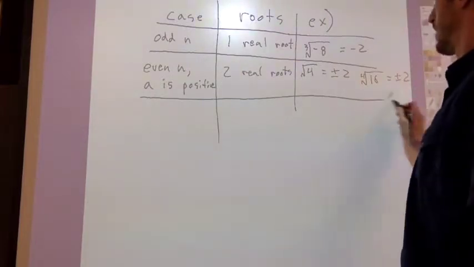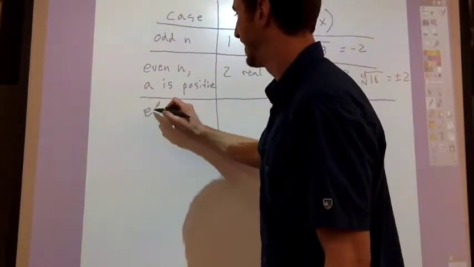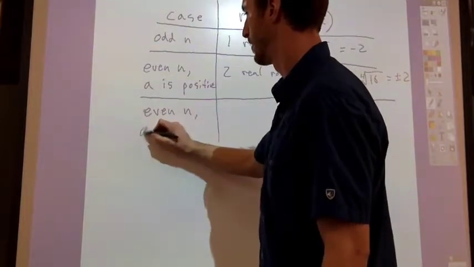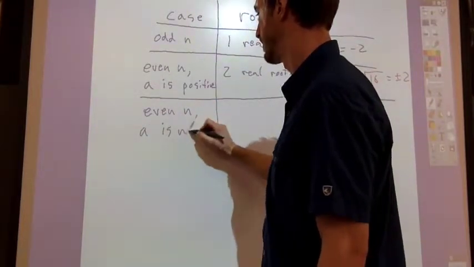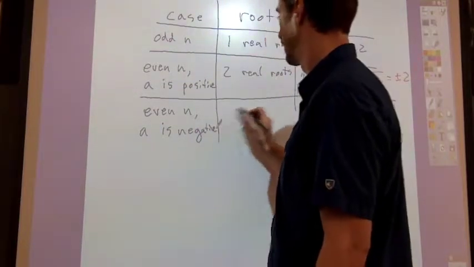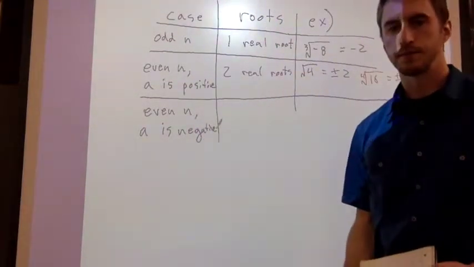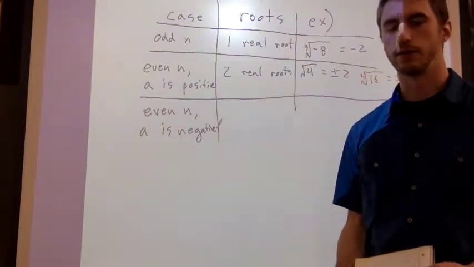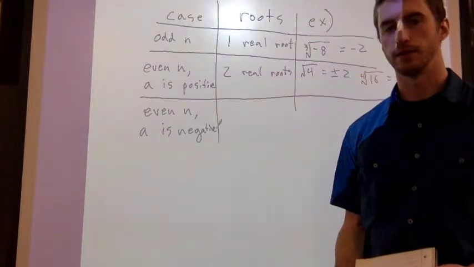Okay, what if our n is even, we have an even index, and our radicand is negative? In that case, can we take the square root of a negative number? No, we can't.